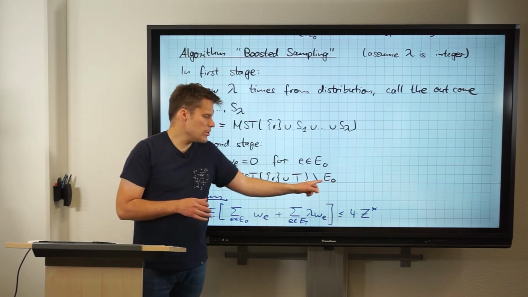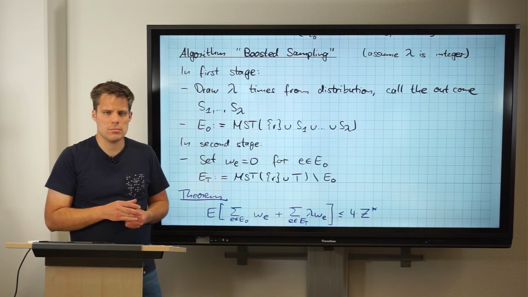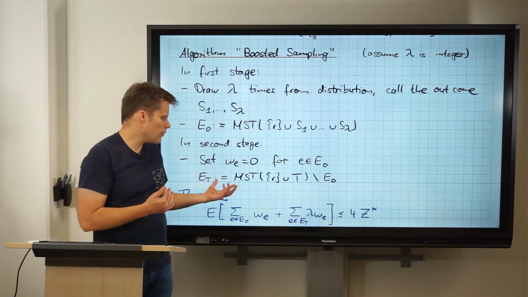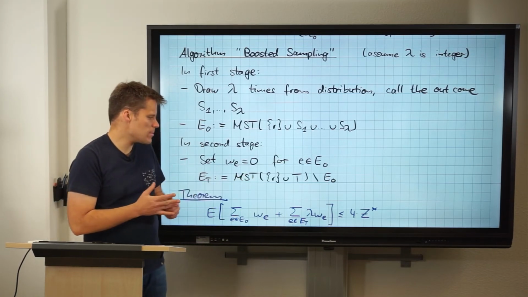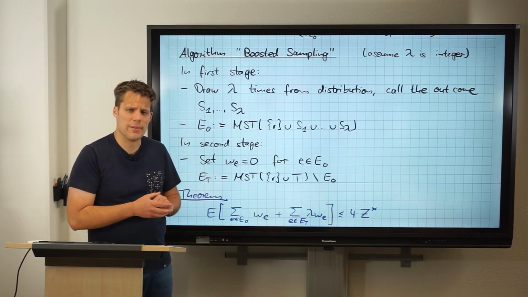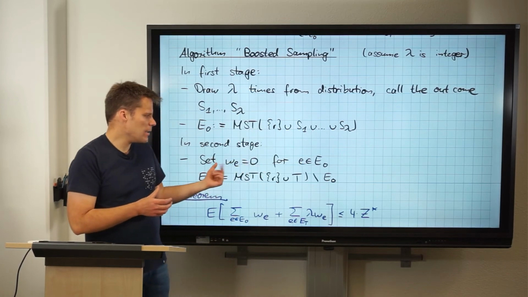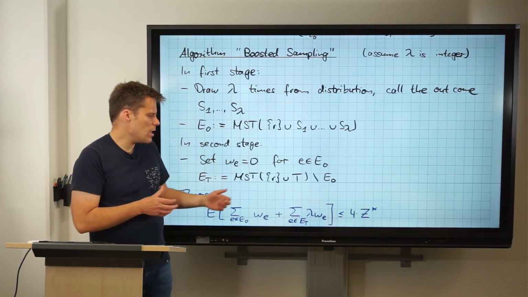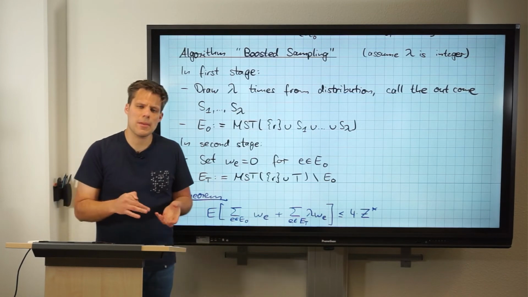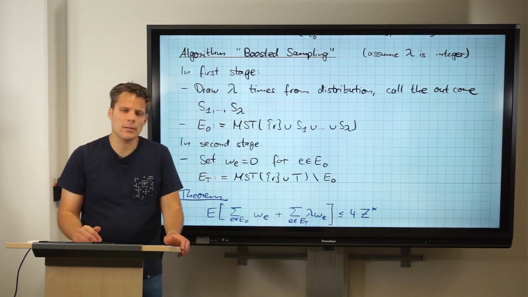And of course, we don't have to again choose the edges that we chose in the first stage. Of course, this minimum spanning tree is very likely to take them because they cost nothing. So the minimum spanning tree will certainly take everything that we took in the first stage and then choose some other things to make sure that everything is connected.